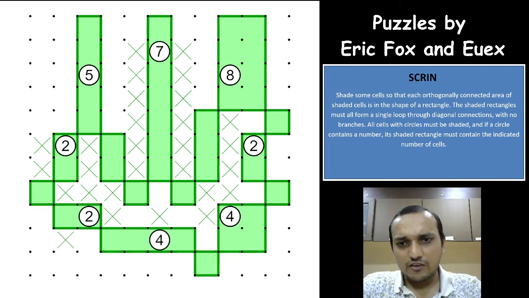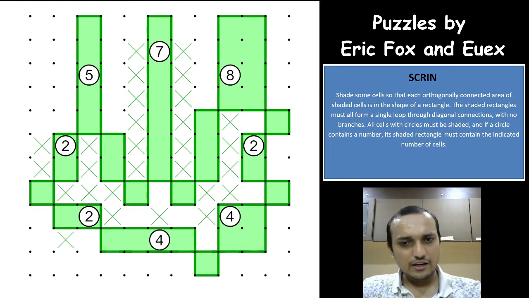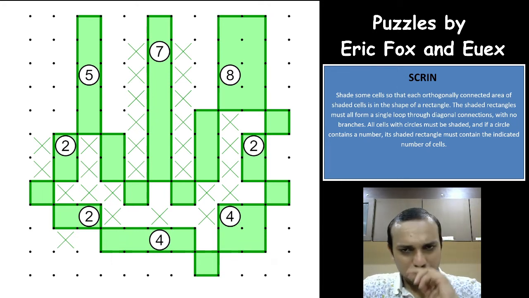So you can never have a branch in a rectangle, a branch of 3 rectangles connection, right? And if you see here, this is exactly a loop connecting, and inside you have some cells, and outside also you have some cells.